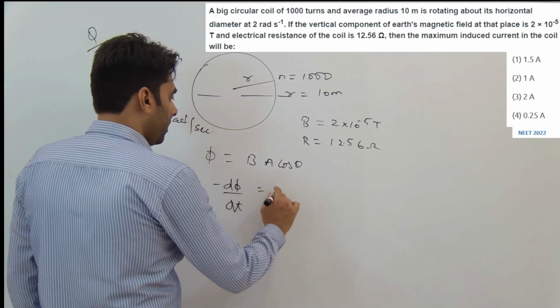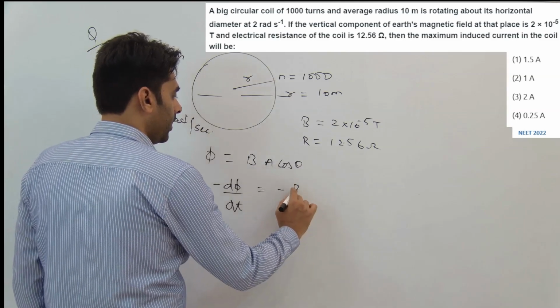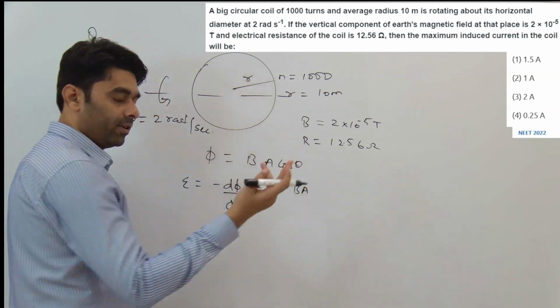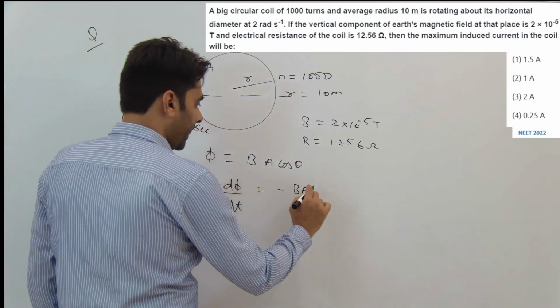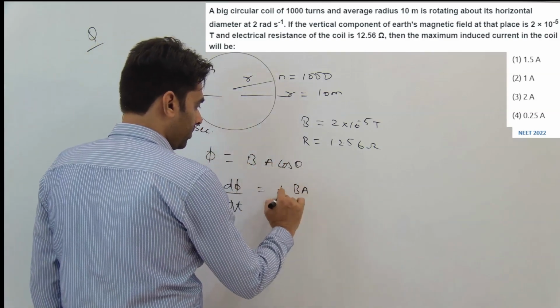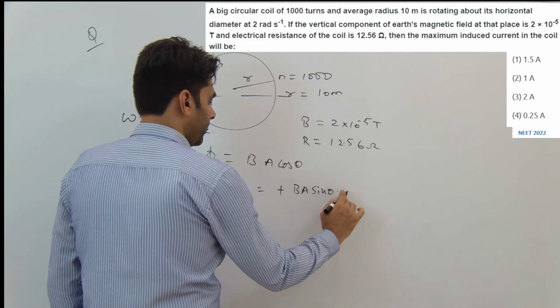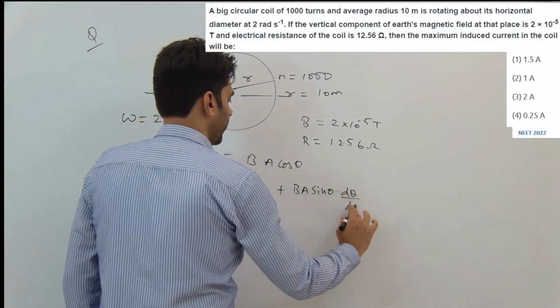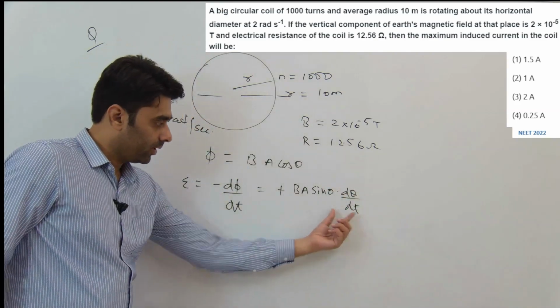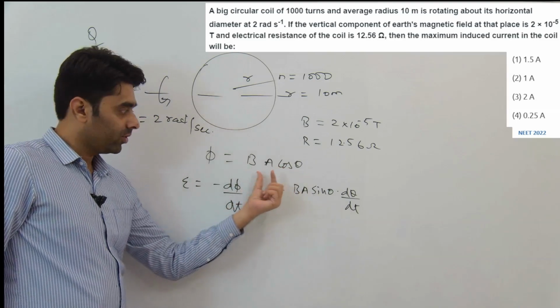Let us do it. Minus of, if we differentiate BA cos θ, the differentiation is minus sin θ, and minus minus will be plus sin θ times dθ/dt. I hope it is clear what I have done over here. I have differentiated this with respect to t.